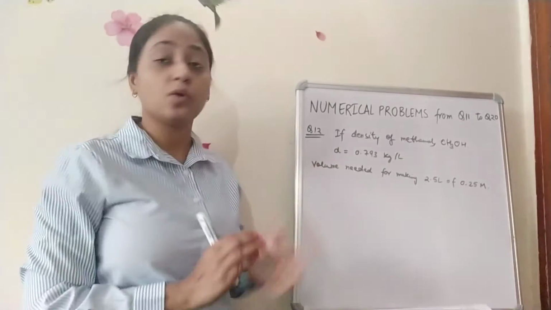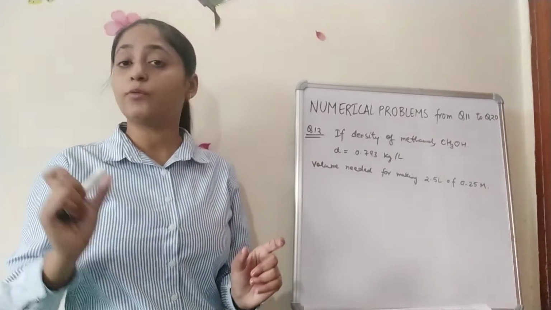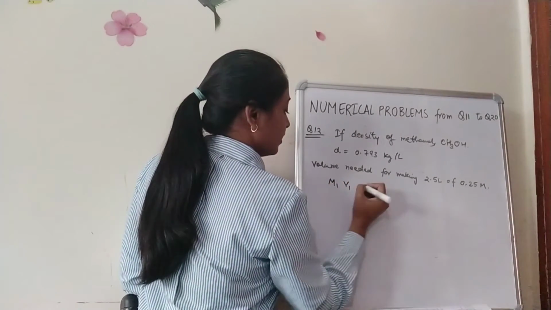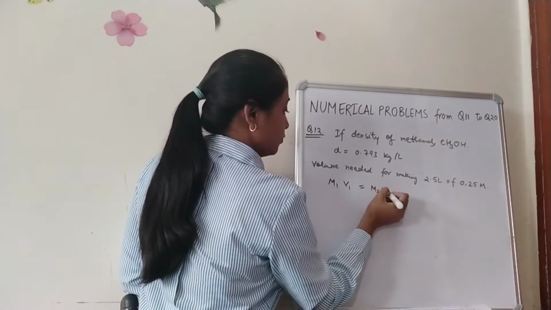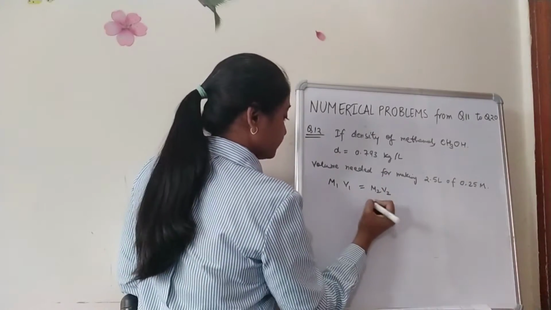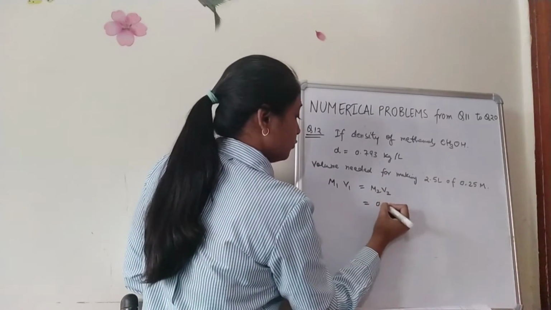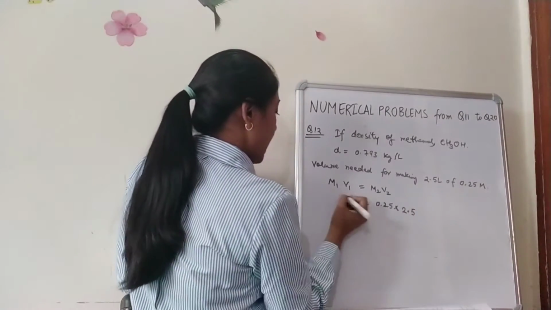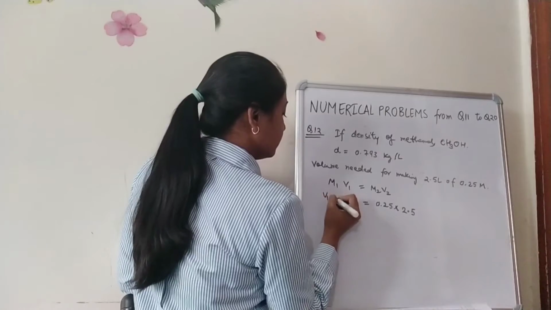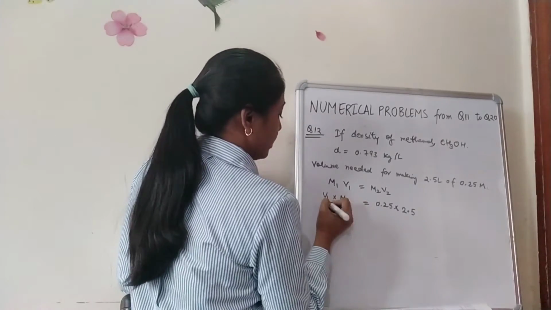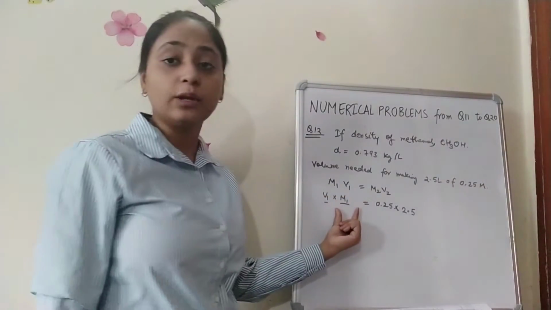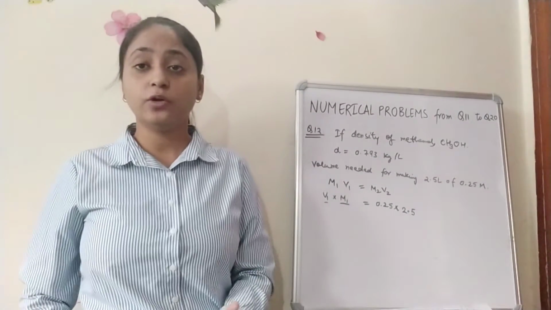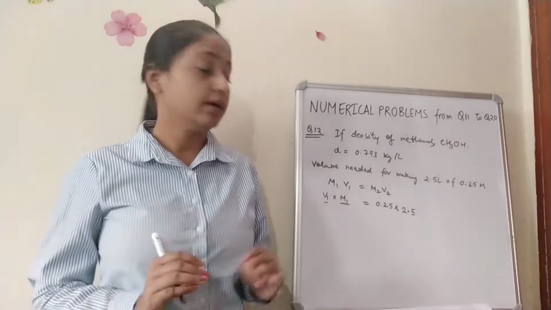So which formula will we apply here? M1V1 equal to M2V2, right? So M2 is given 0.25 molar and volume 2 is given 2.5 liter, and the volume we have to calculate here, or the molarity we have to calculate here. So first we will calculate the molarity, right? So molarity is equal to number of moles of solute divided by volume of solution in liter, right?